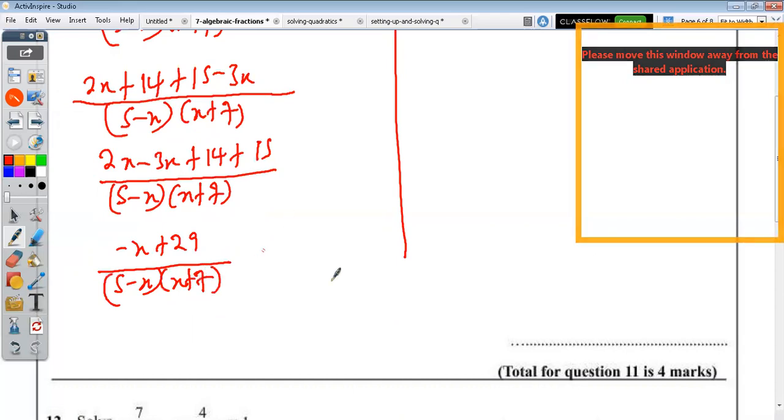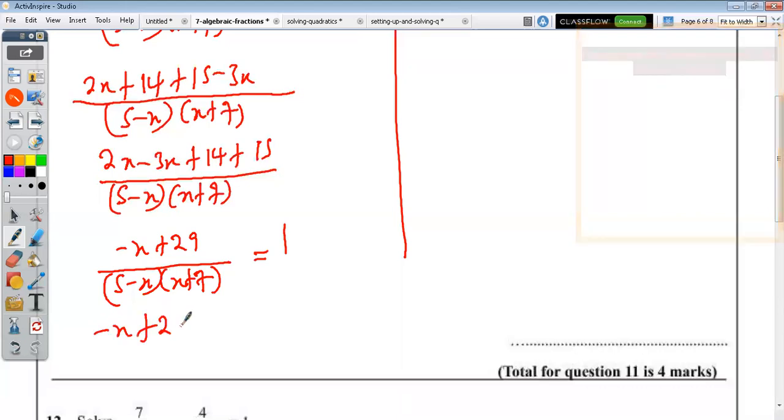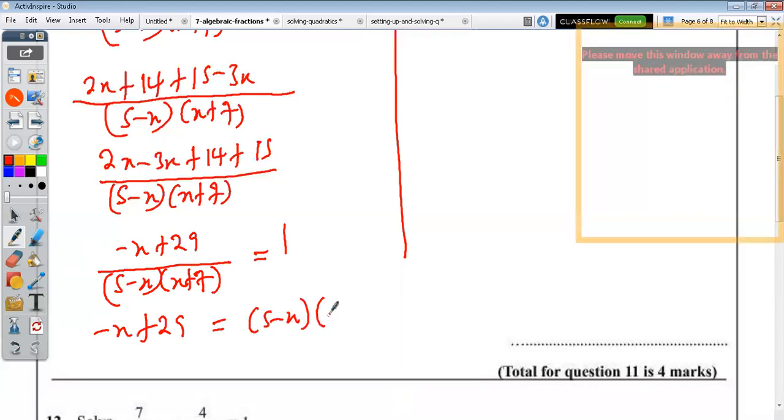That is equal to 1. It's now combined, so I can now cross multiply. So it means minus x plus 29. If I multiply by 1, it doesn't change. So it's 5 minus x brackets x plus 7. Clear? Happy? Yeah. Now let's do the same thing that I've been doing. I can multiply 5 there, I get 5x.